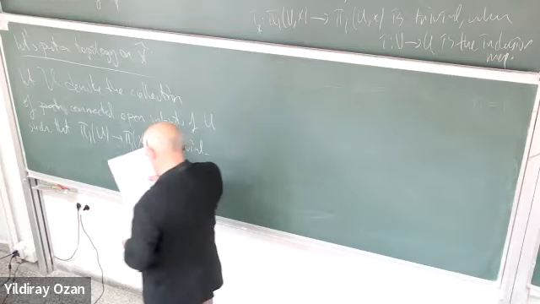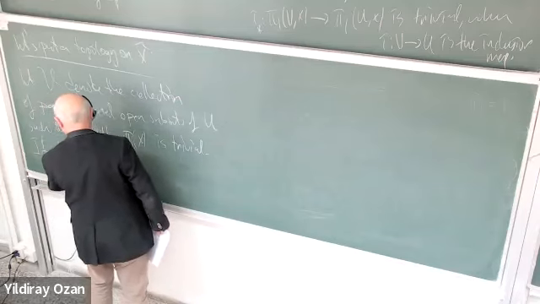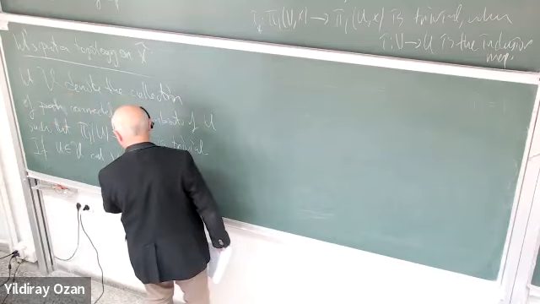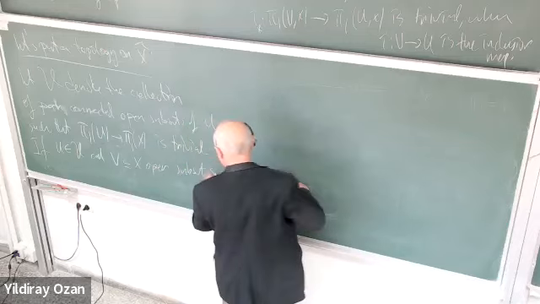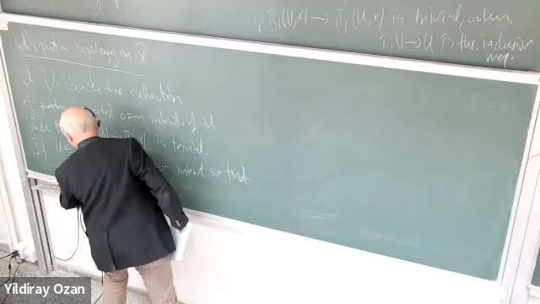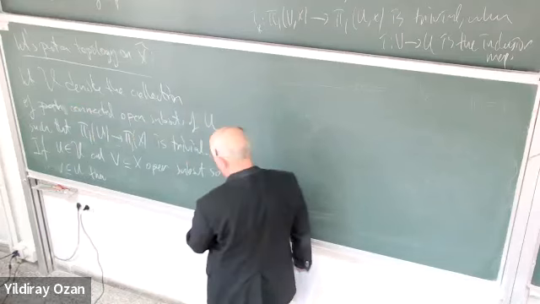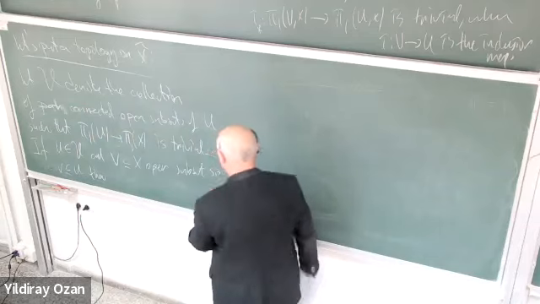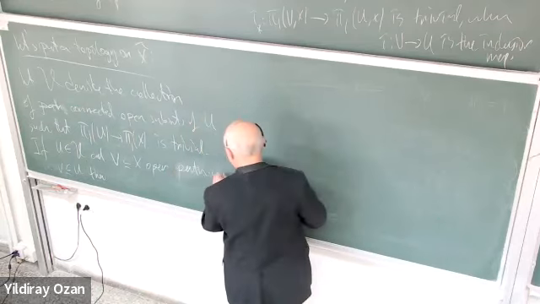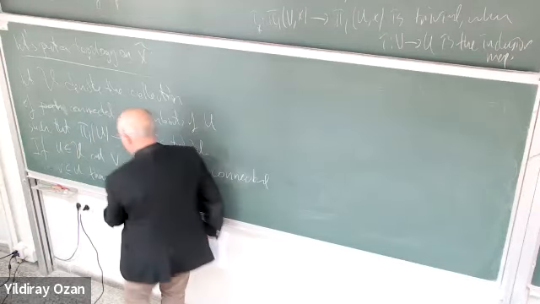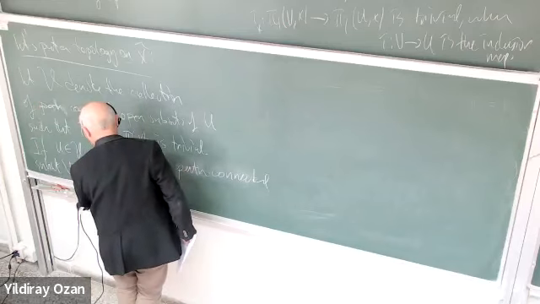Now, if U is in this collection and V is any open path connected subset so that V is contained in U, then of course we have the following.